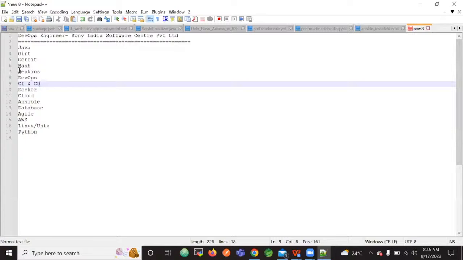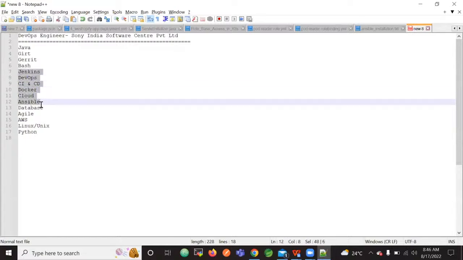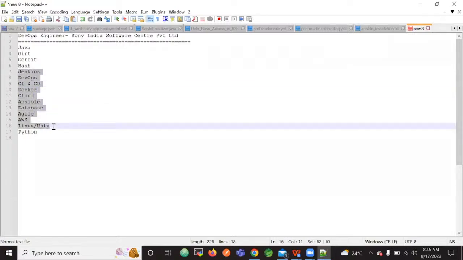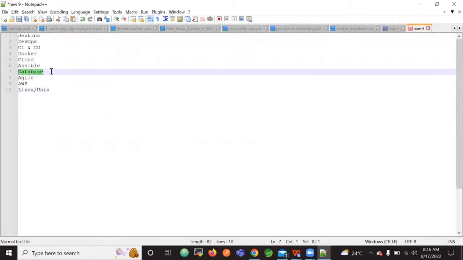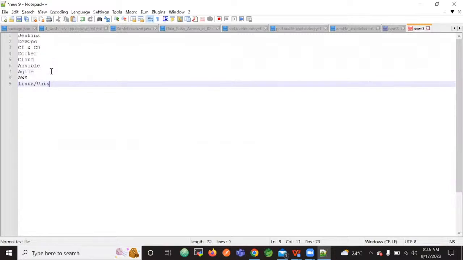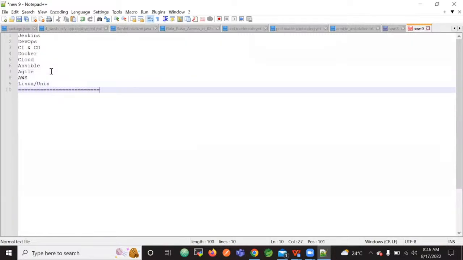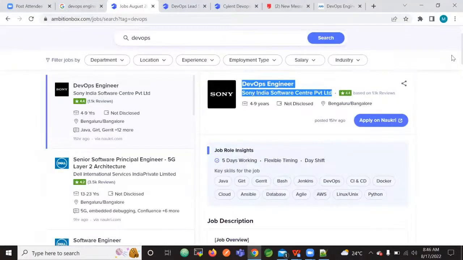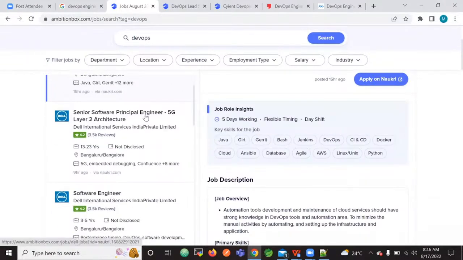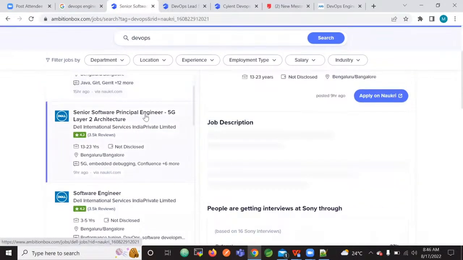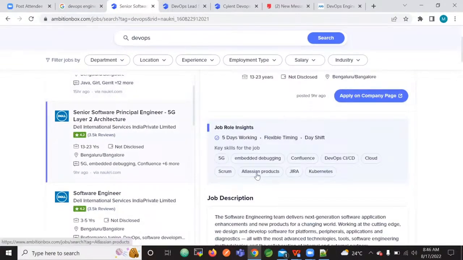In this skill set, you can see Jenkins, DevOps, CI/CD, Docker, Cloud, Ansible, Agile, AWS, Linux. Let me copy it and take it into a separate text pad. Now let us look at the other job opportunity: Senior software principal engineer, 5G layer 2 architecture. This also requires DevOps CI/CD, and they are asking for Kubernetes.